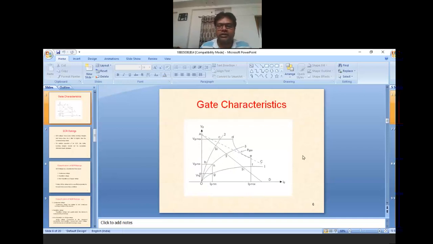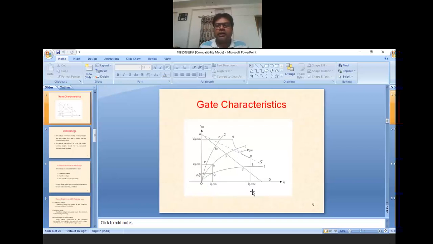And here is shown the gate characteristic, the graph of the gate characteristics, where it is an IV characteristic, that is IV characteristics of the gate, where gate current is shown on x-axis and voltage is shown on the y-axis.